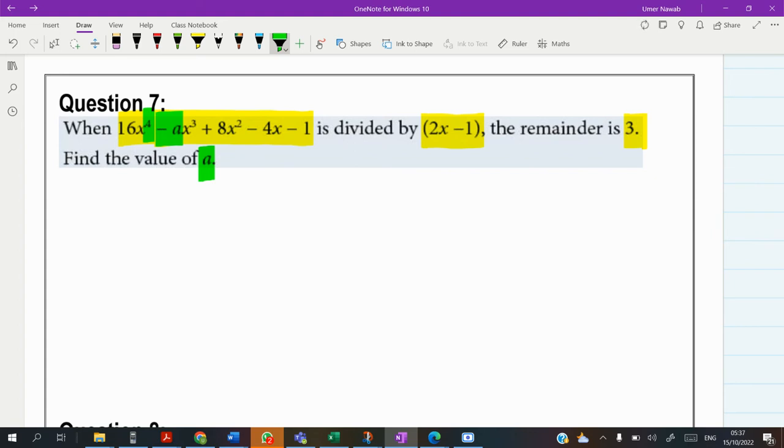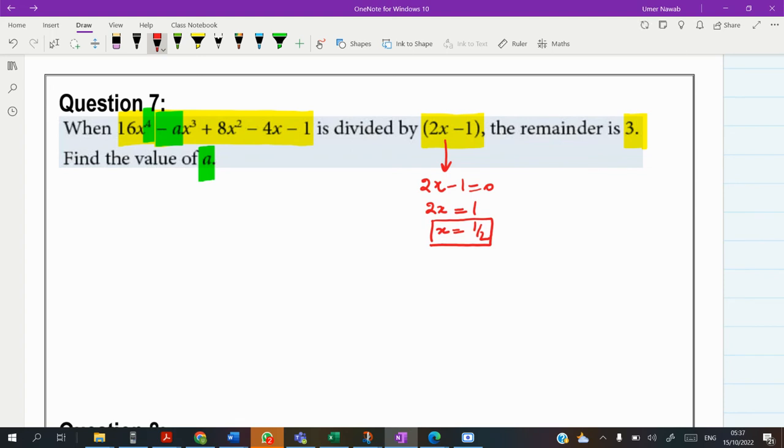Again, use the remainder theorem. In the remainder theorem, you need to substitute your divisor equals to 0 to get the critical value. So my critical value is half.